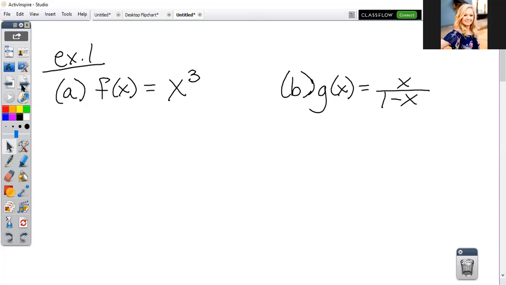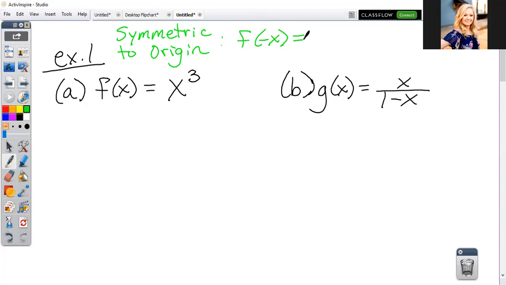To be symmetric to the origin, here's what has to be true. Symmetric has two M's. F of negative x has to equal negative f of x.